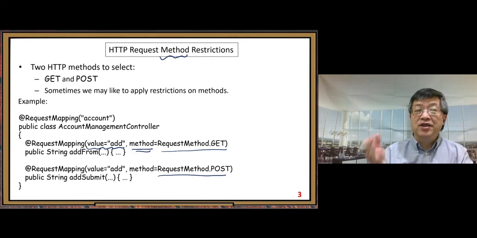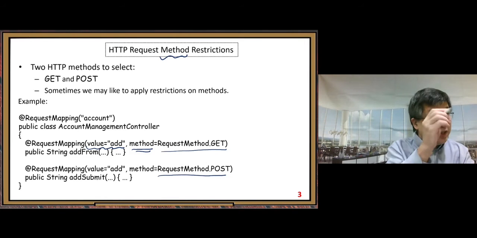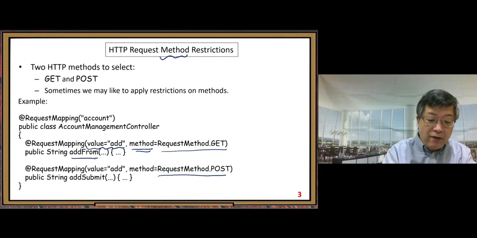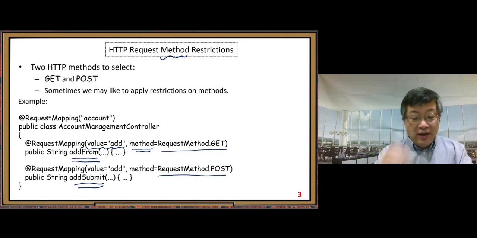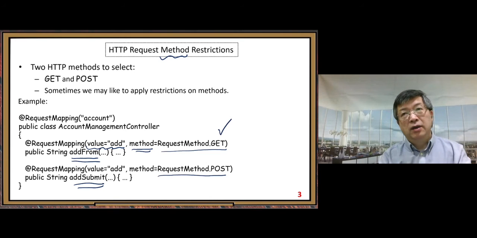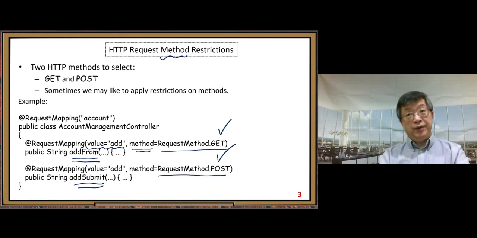You specify the constant in this way. Both methods have the same name, add form method, but there are two versions. The first one corresponds to the get HTTP method. The second one corresponds to the post HTTP method.